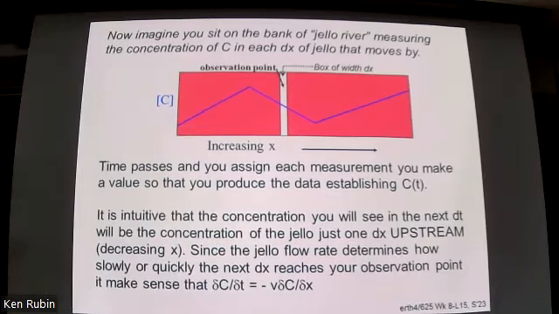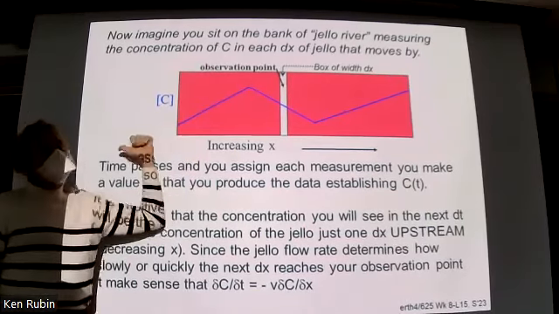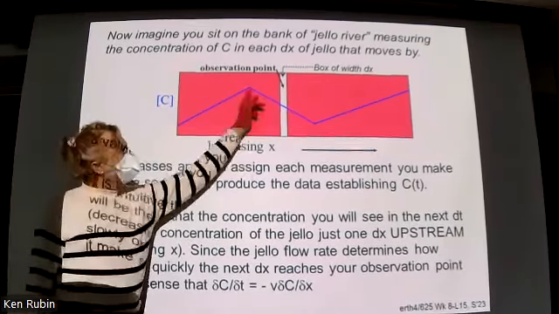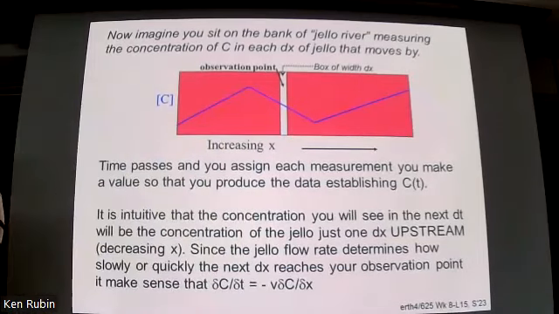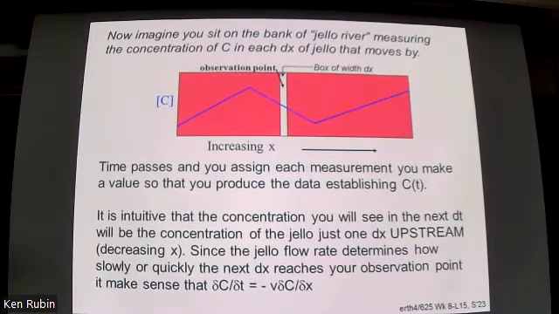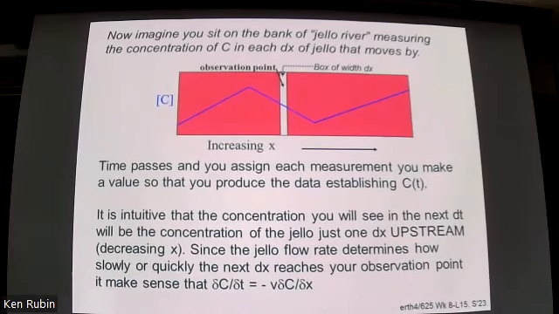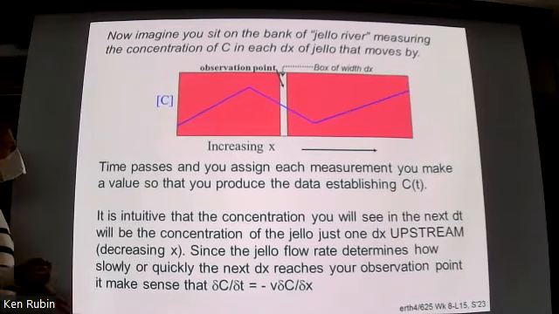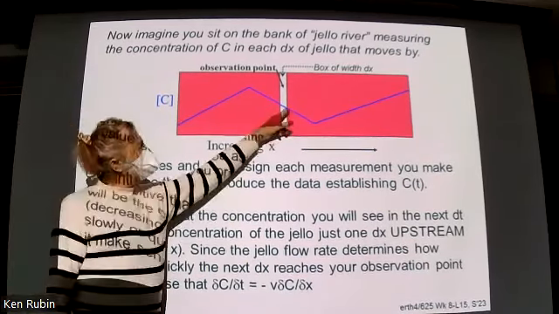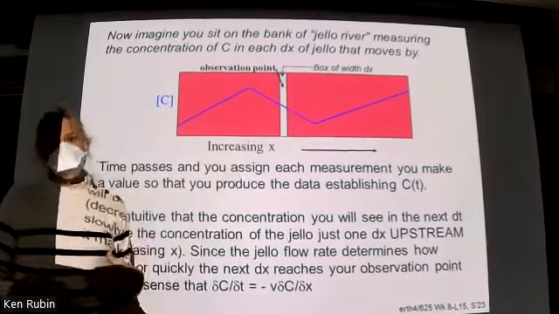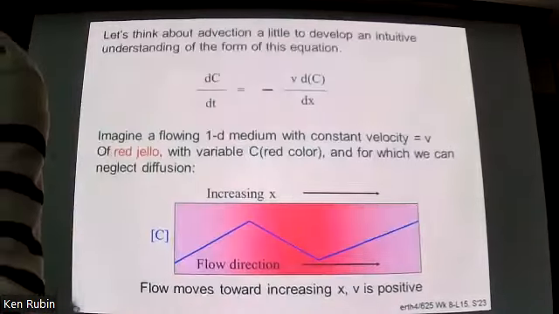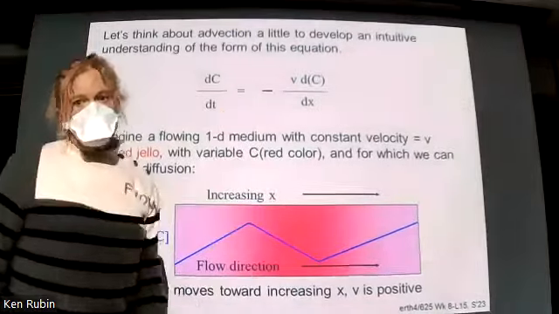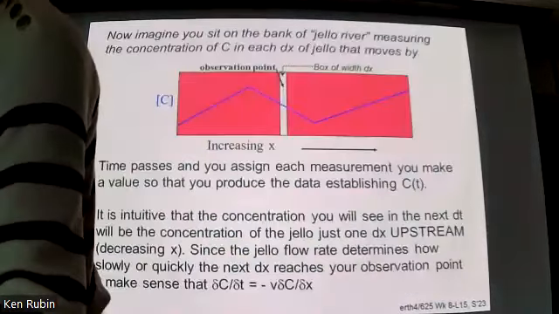If we had defined X as positive in this direction, then concentration would be going up with X, and we wouldn't need a minus sign, but we need a minus sign elsewhere in the equation to counteract it. But in this case, concentration goes up with minus X, which is why we have this minus sign. It's because of the convention of how X is defined.